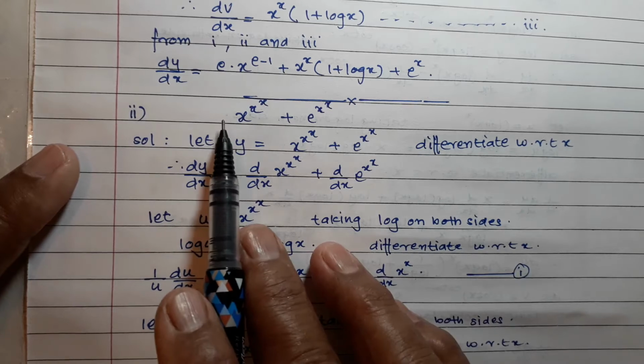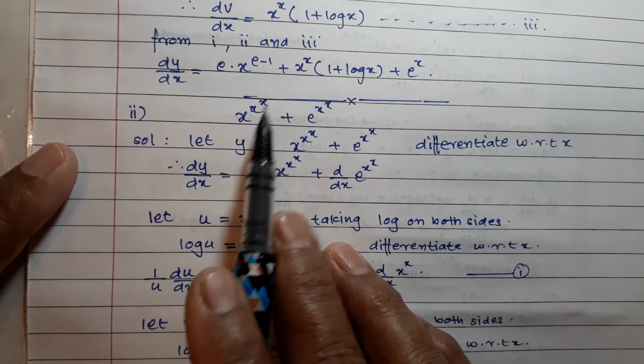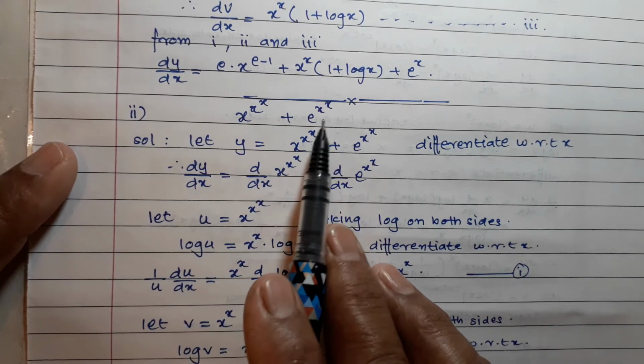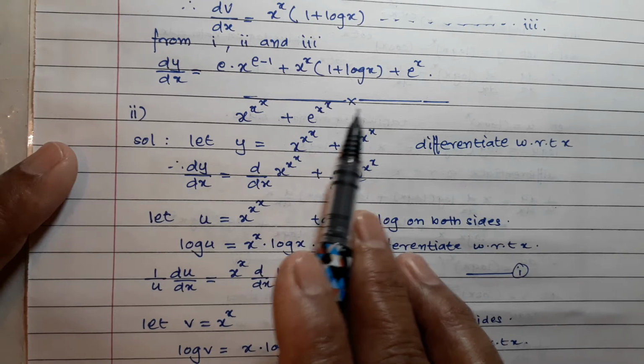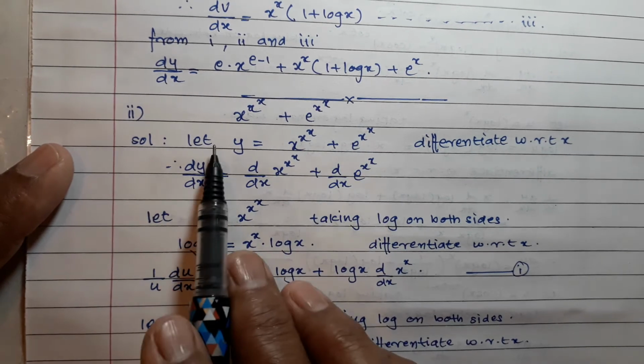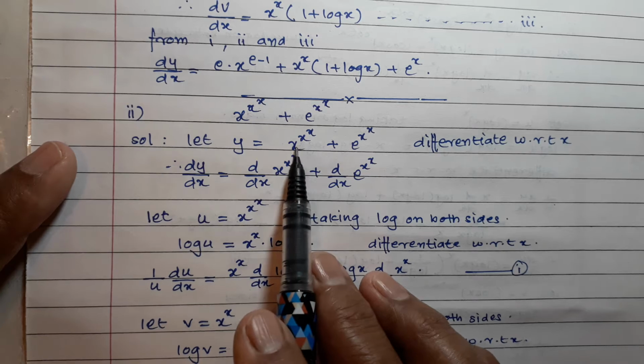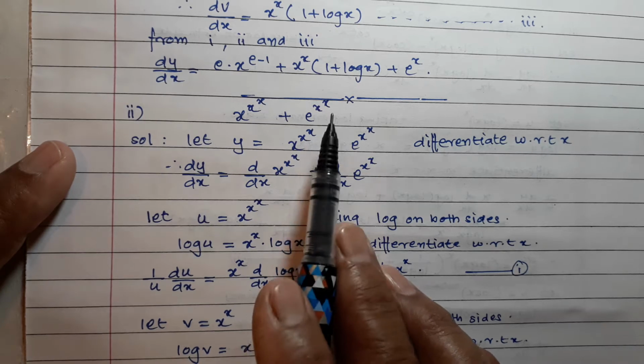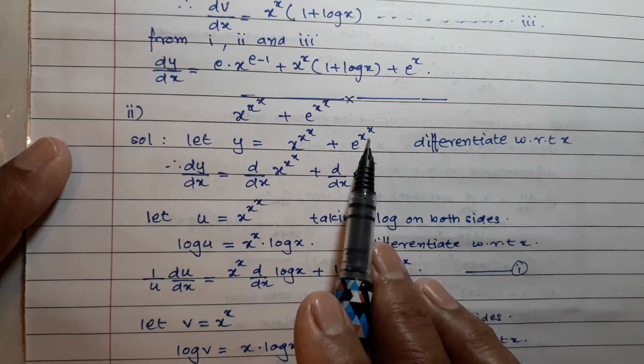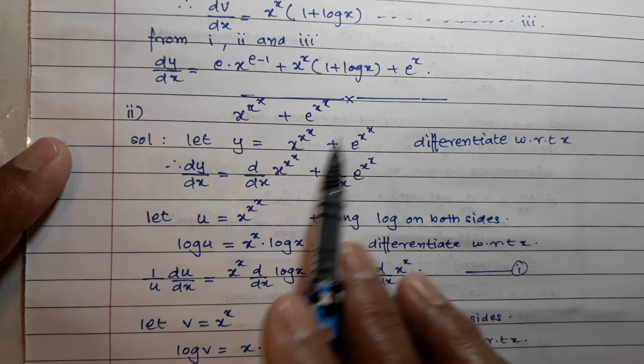Question number 2: x^(x^x) + e^(x^x). Let y = x^(x^x) + e^(x^x).